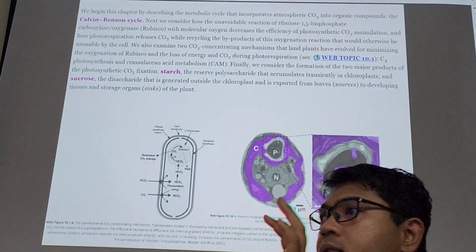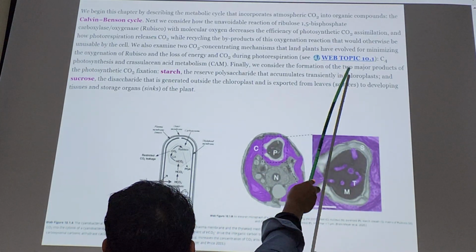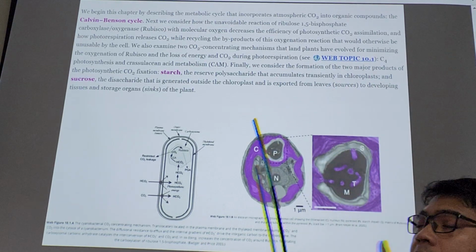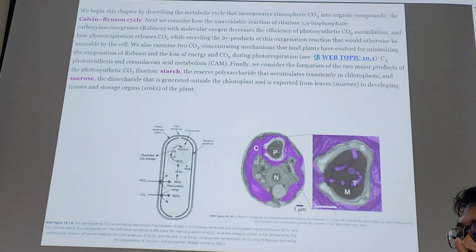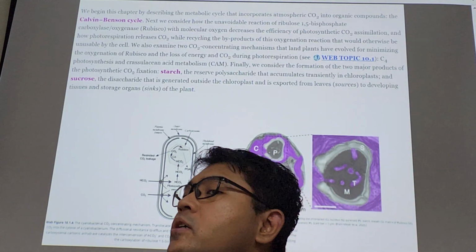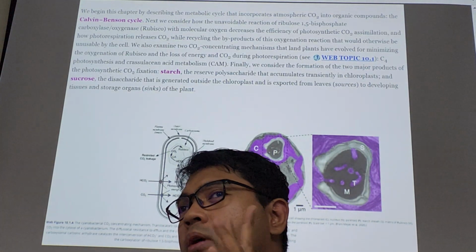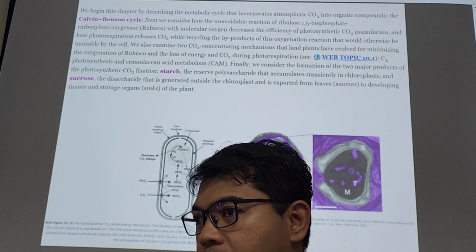This trapping of carbon is collectively known as CCM, carbon concentrating mechanisms. You can read more in web topic 10.1. I'll put it in the folder later.